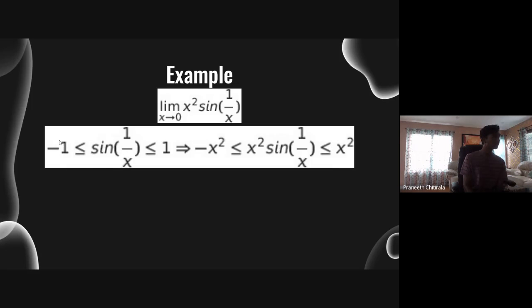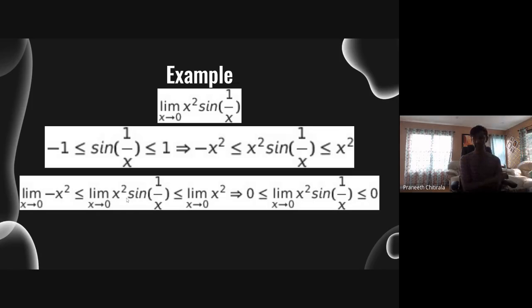We know that we could set g(x) equal to -1 and h(x) equal to 1, because the range of a sine function is between -1 and 1. So sin(1/x) must be between -1 and 1. Then you want to get this function right here, so you multiply x squared on both sides to get x squared times sin(1/x).